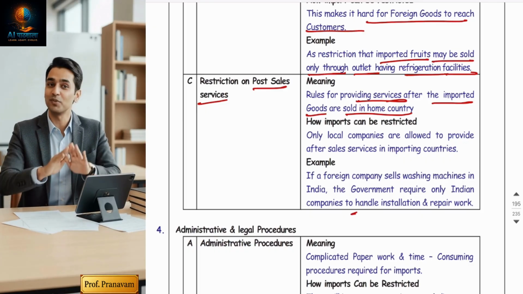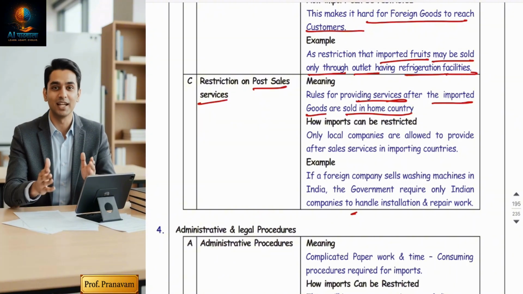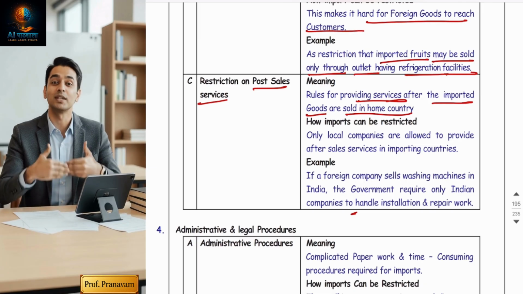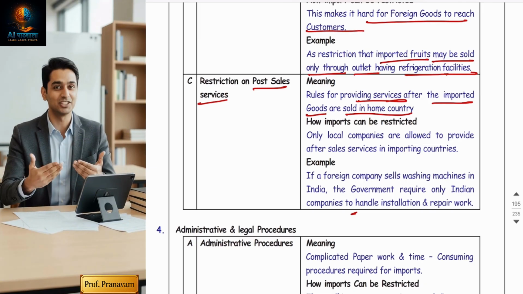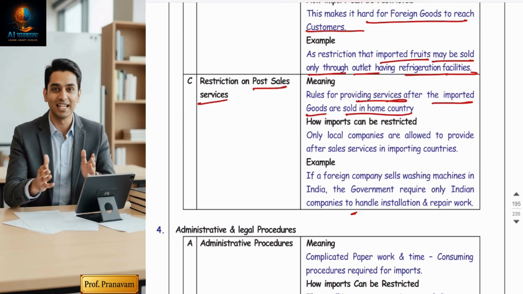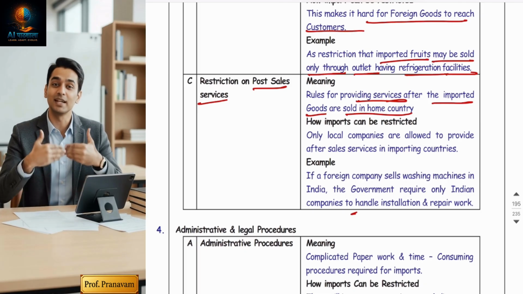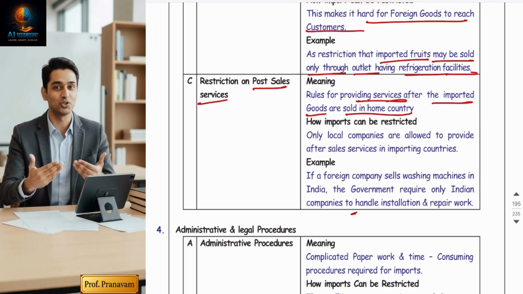The iPhone will be sold by Apple in India, but whenever technical problems come in the iPhone, the after sale service will be given by one of the Indian companies. So if Apple wants to sell the iPhone in India, they have to tie up with an Indian company for providing after sale services, so that the Indian company also gets business along with imported goods.